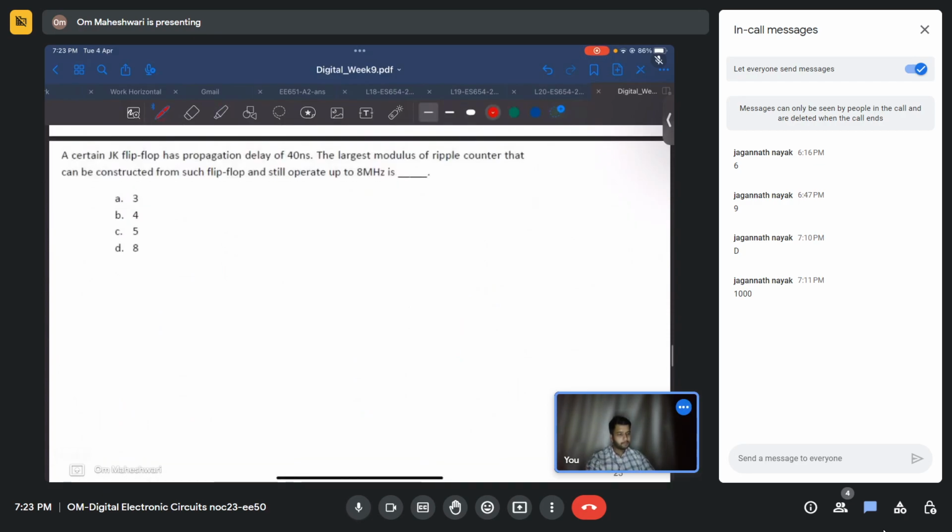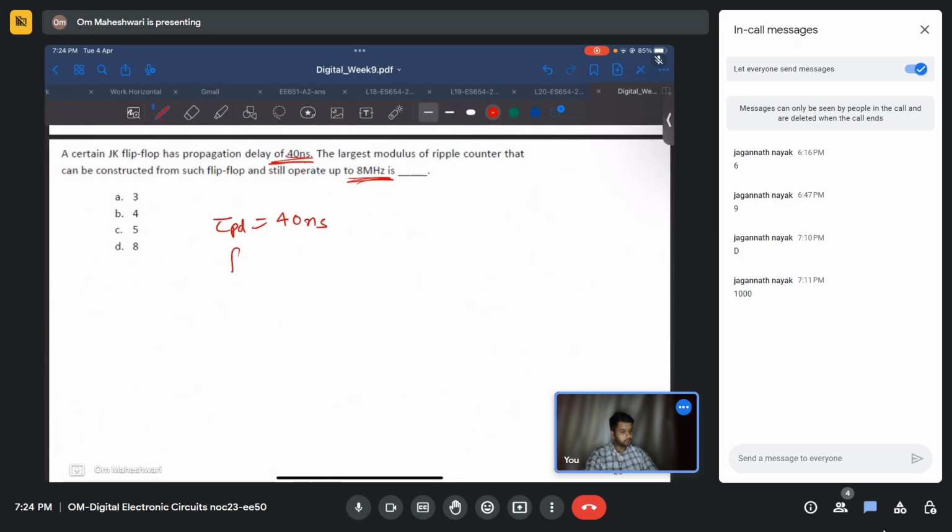Next question is, a certain JK flip-flop has propagation delay of 40 nanoseconds. Largest modulus of the ripple counter. Operate at 8 megahertz. So tau PD is 40 nanoseconds and F is 8 megahertz.